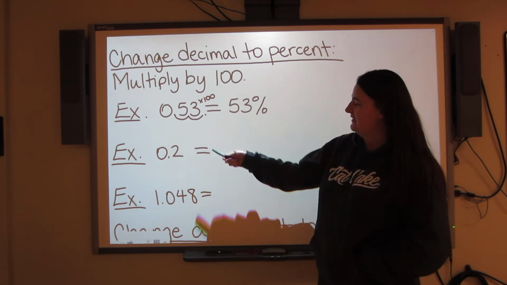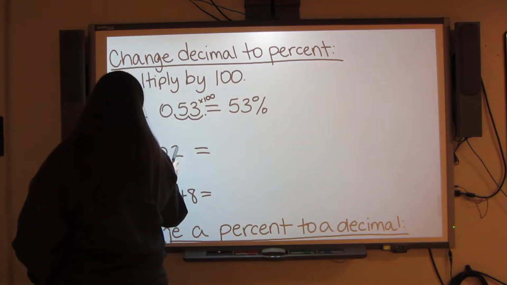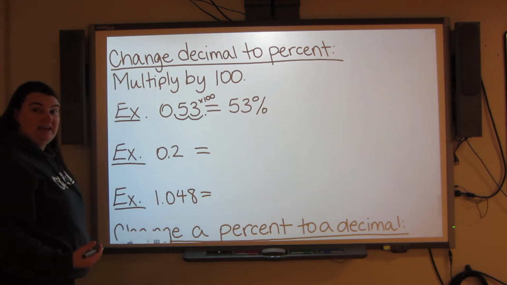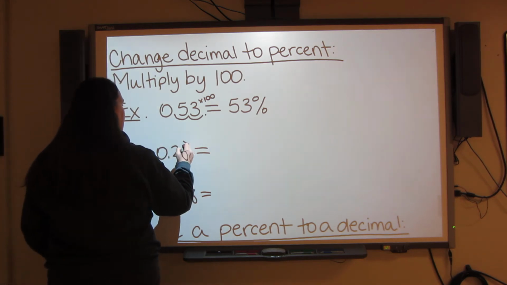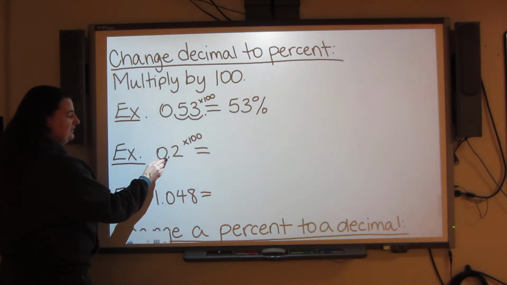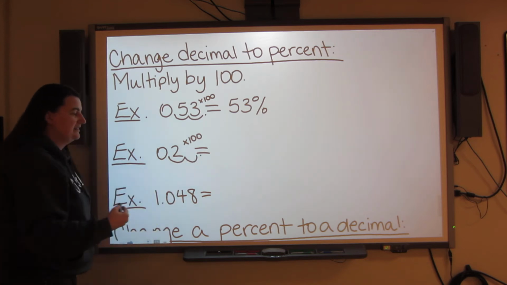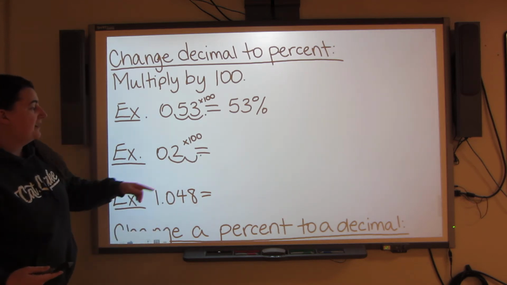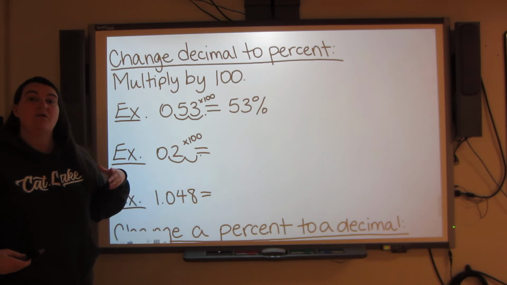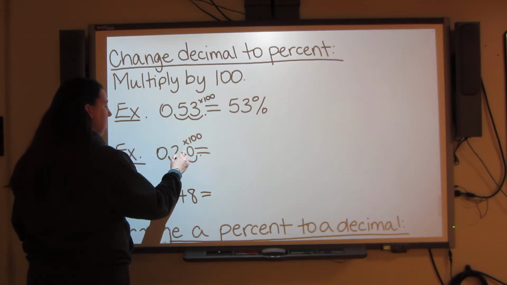All right, let's take a look at this one, example number 2. I have 0.2, or 2 tenths. I still have to times by 100. So I take that decimal and I move it 2 spots to the right to make this bigger. Now when I have an empty spot, what do I have to put in there? I have to put a 0 in there.